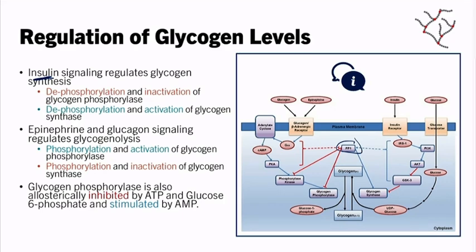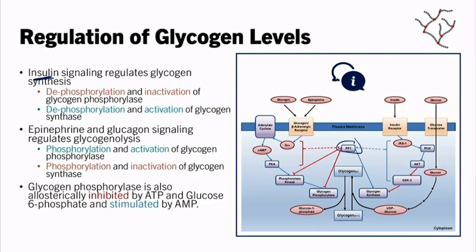Epinephrine and glucagon have an opposite signaling cascade. They bind to those GPCRs that we talked about, and they're going to signal the activation of a kinase, protein kinase A primarily, that eventually leads to the activation or the phosphorylation of glycogen phosphorylase. This phosphorylation now activates this enzyme and turns it on, allowing it to start to break down glycogen and releasing glucose. So we see the balance of these two pathways activating or inhibiting these key enzymes, turning on or turning off these processes.